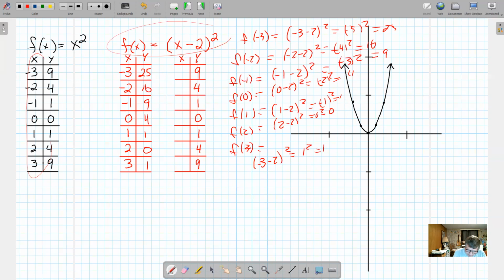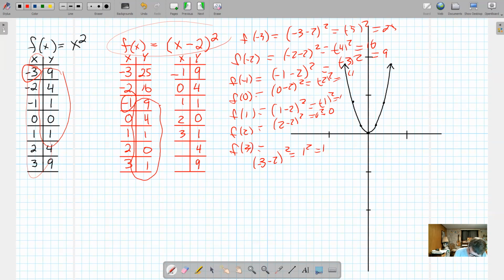Look at what's going on here. These values are the same as those values, but things have shifted. Here we had a -3, here we have a -1. So in fact, on this table to the right, we'd get that, wouldn't we?